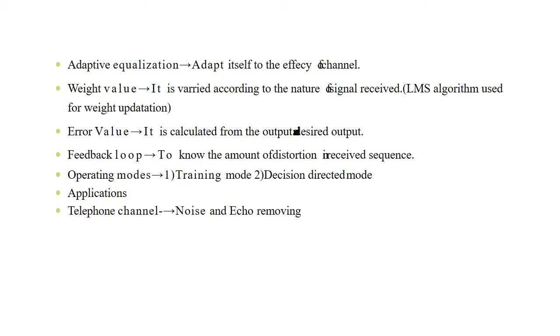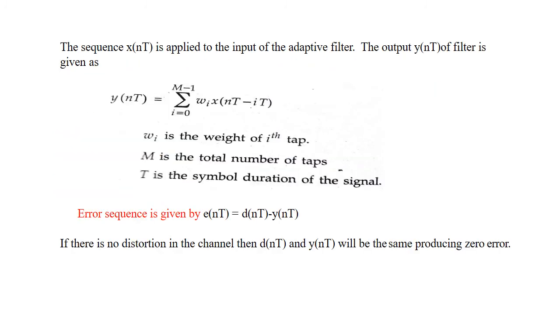The LMS algorithm will be used for weight updation. Here the error value is calculated from the desired output, and the feedback loop will know the amount of distortion in the received sequence. It is used in the applications of telephone channels.